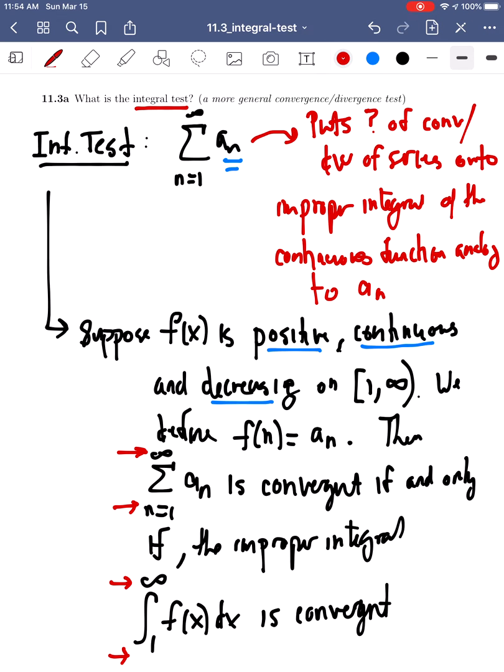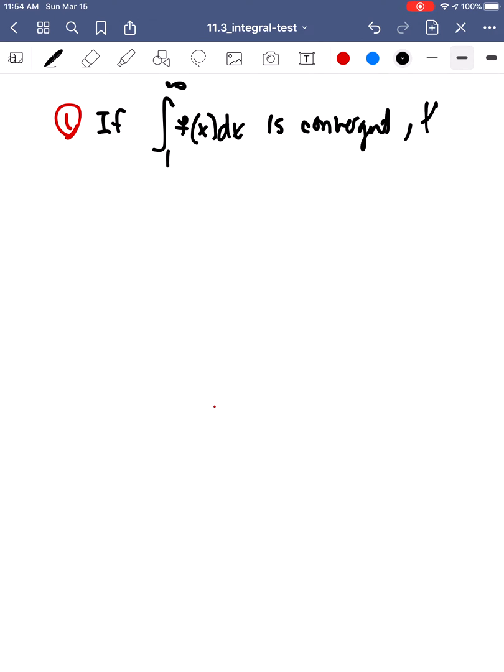So another way of saying this is if the integral from 1 to infinity of f of x dx is convergent, then our original series from n equals 1 to infinity of a sub n is convergent as well.